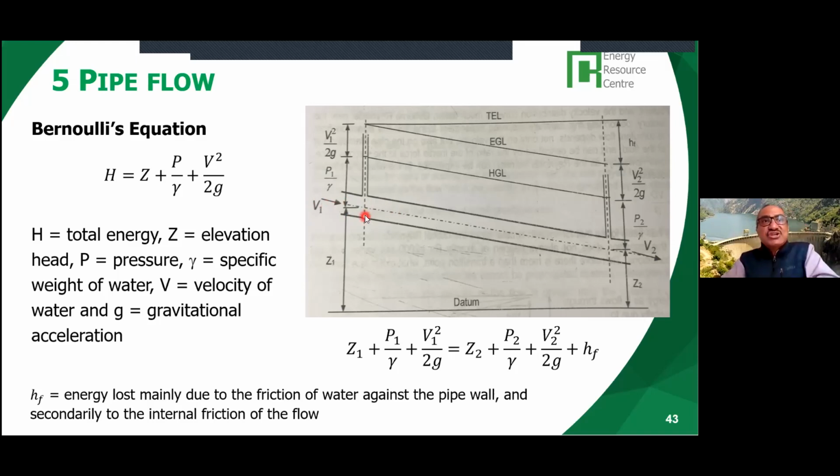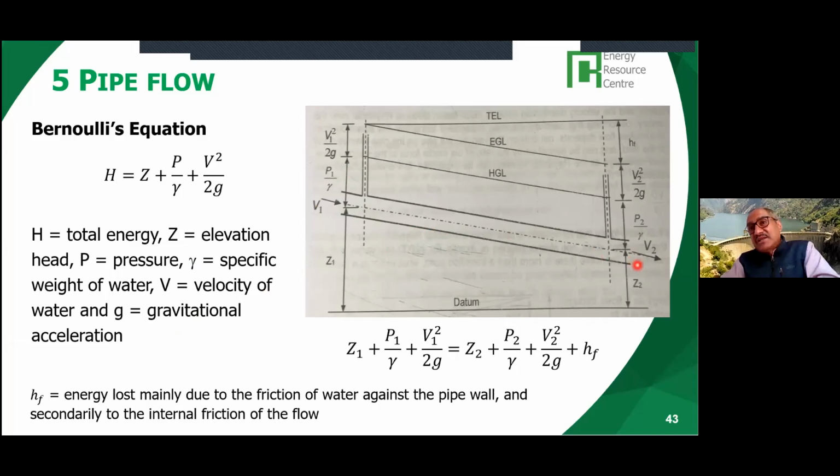So this pressure head is basically P1 divided by gamma, and gamma is the specific weight of water. And then there is what is known as the velocity head, which is given by V square by 2g. So total, this is at this location.